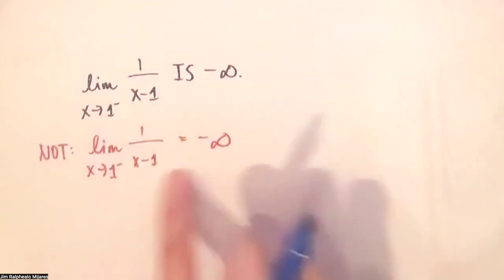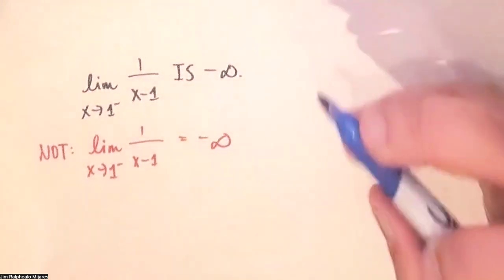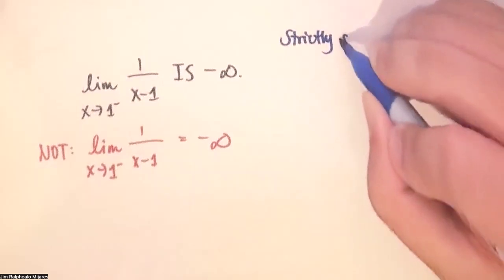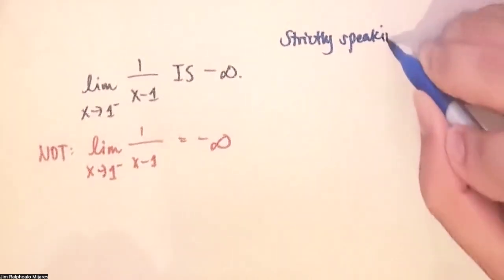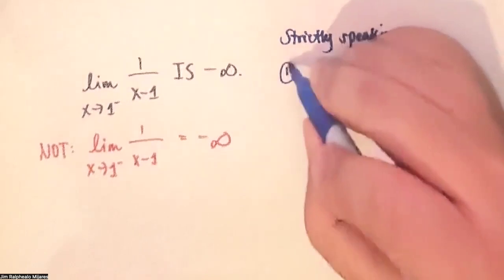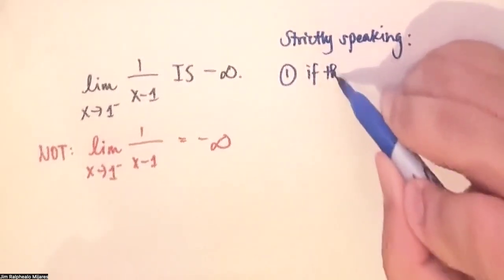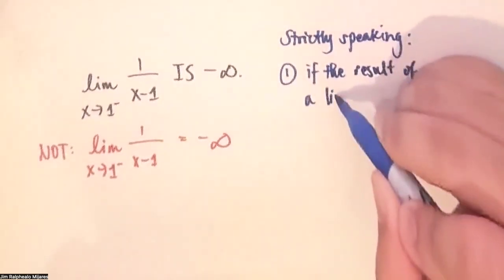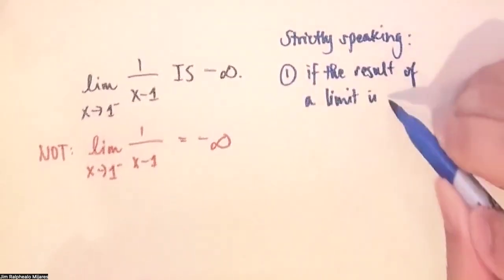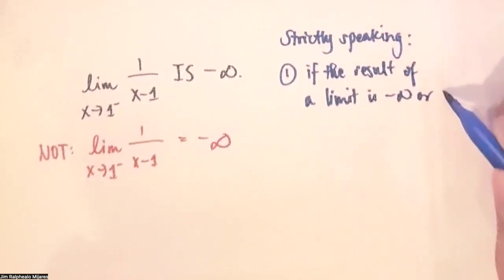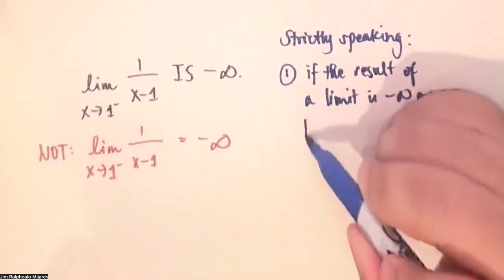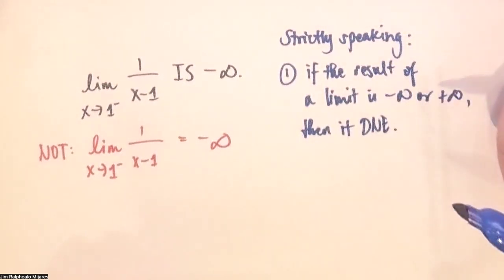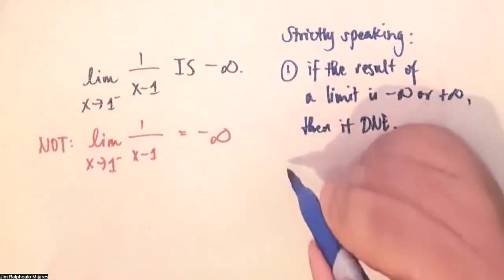This is not correct. Strictly speaking, one, if the result of a limit is negative infinity or positive infinity, then it does not exist. Okay? So what is this for?